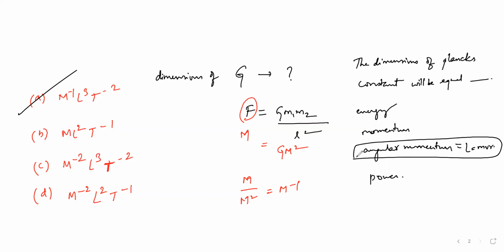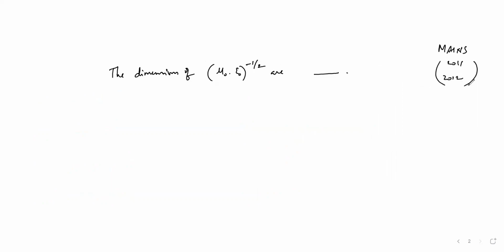Next question, one more question. The dimensions of mu naught epsilon naught power minus 1 by 2 is dash. This is JEE Mains 2011 and 2012. First of all, how do I write this?